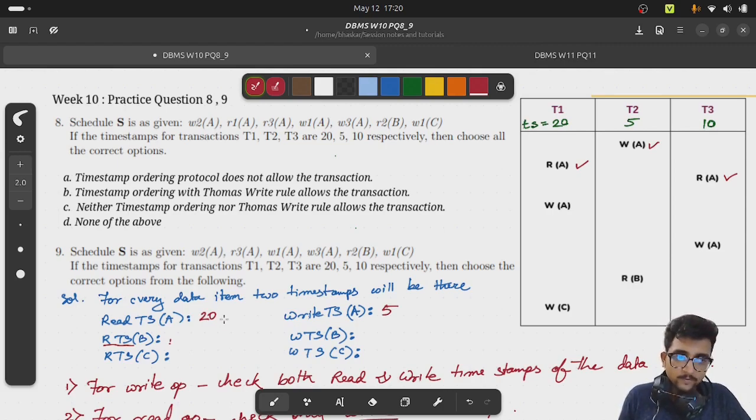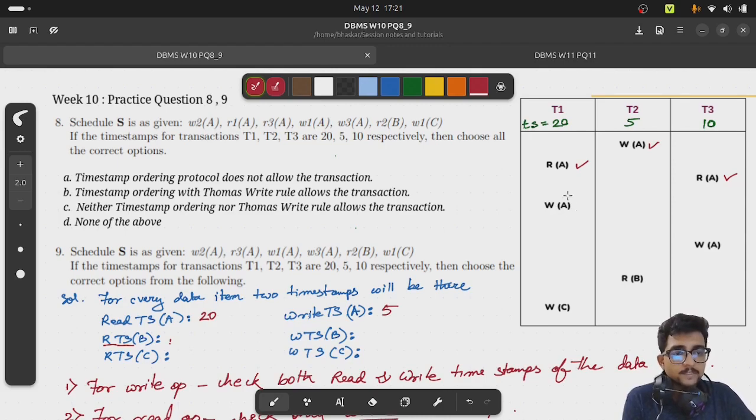No, right? We discussed the same point earlier, that we will only keep the value of the youngest transaction which has read or written the value from the start of the schedule to the current point of time. So we will not modify 20 to 10 here. We will keep it as 20, because 10 is a smaller value than 20. If this T3's timestamp had been 30, then we would have updated it.